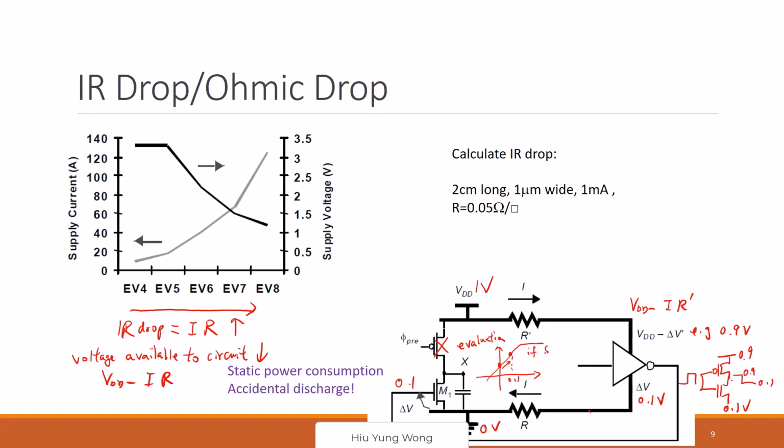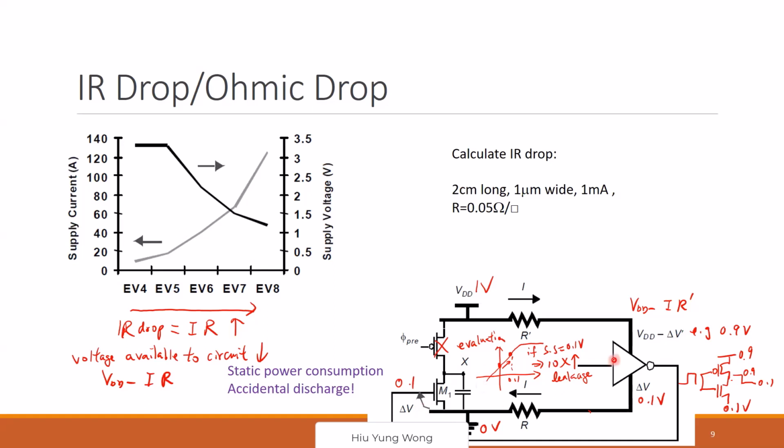If the subthreshold slope is, let's say, 0.1 volt, then you have 10x leakage. Right? So you may discharge this information and then you corrupt it. Or in other cases, you increase the leakage current.